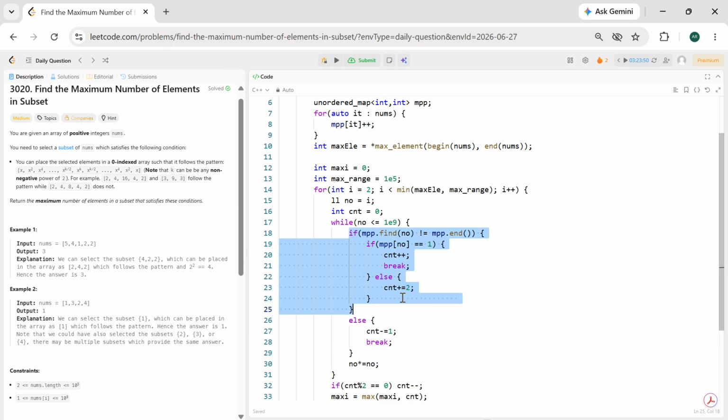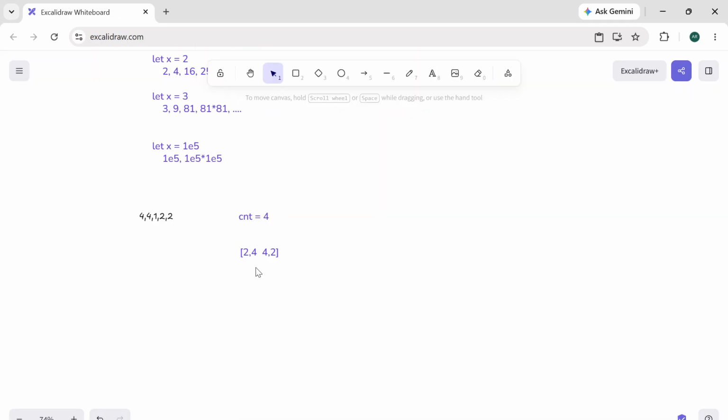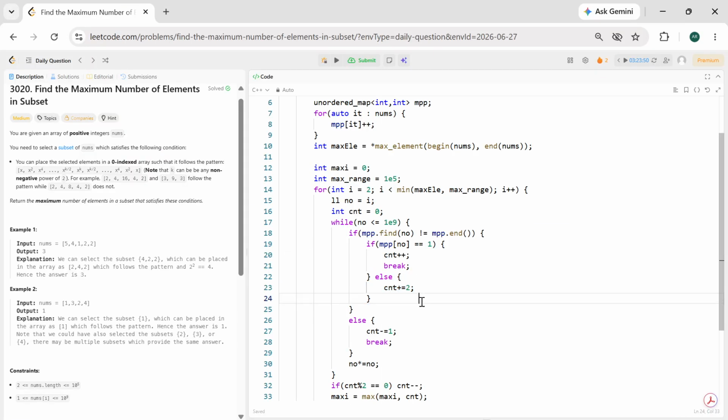But here you can see that you have always incremented your counter by 2, and if you increment your counter by 2, you have to subtract 1. Why? Because otherwise it would be of even length, right? If you do not pop out one element from your final array, it would be of even length, and that you don't want.